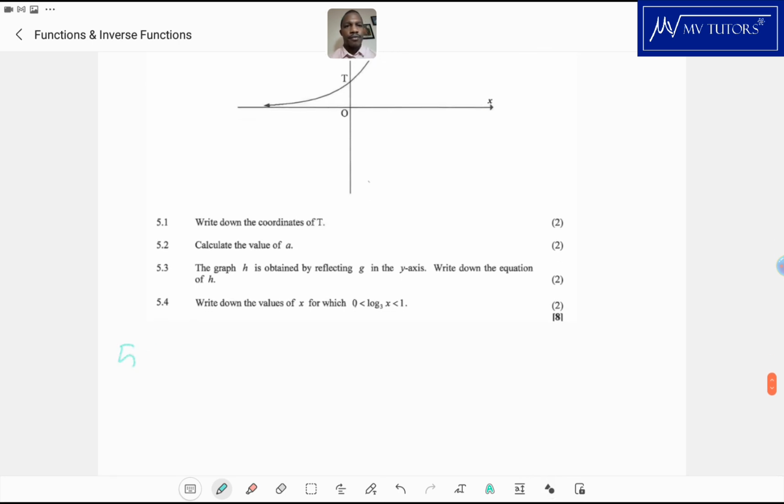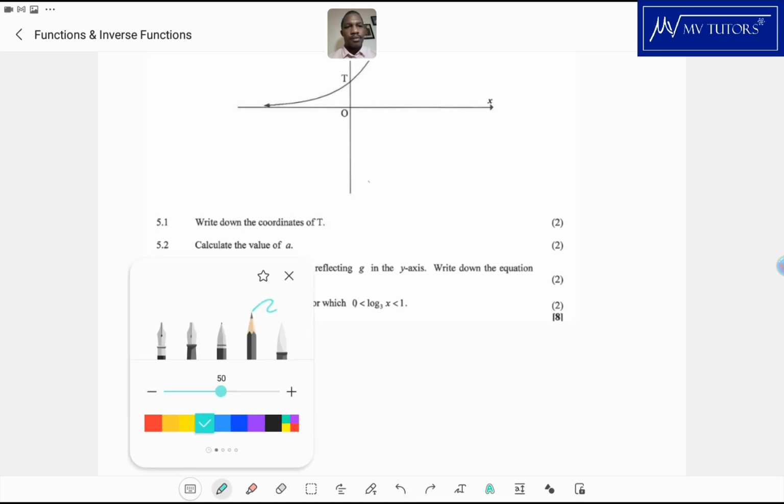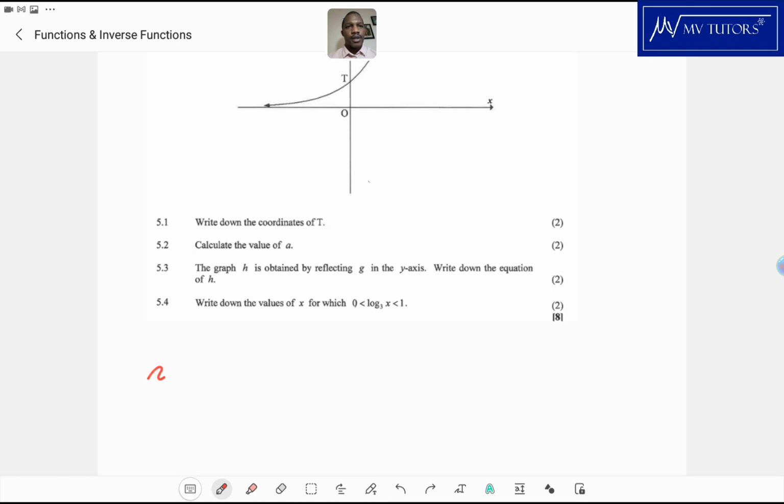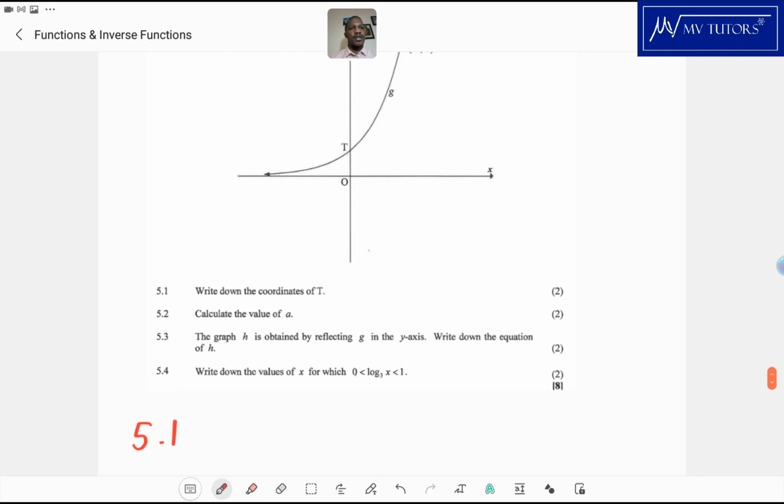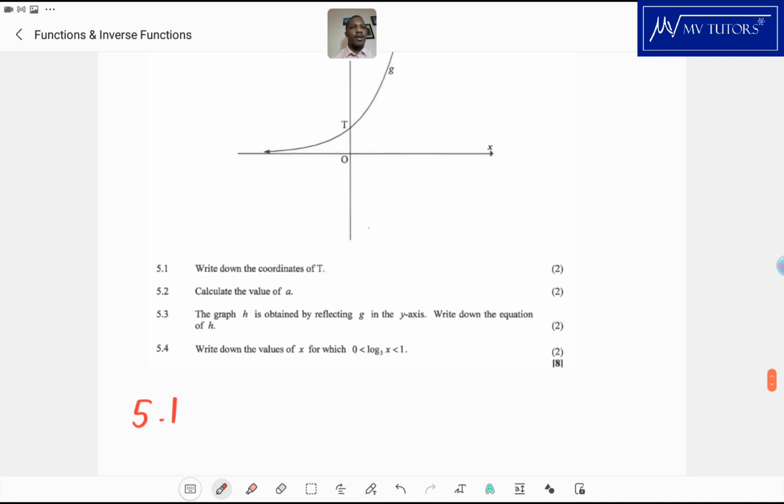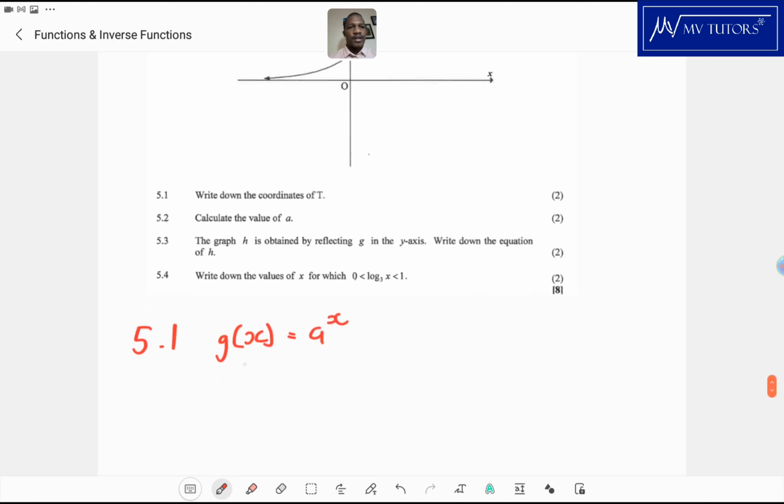Okay, so let's go back to my red pen. So 5.1, the coordinates of T. Where is T? We can see T is there on the graph where x is 0. So we've been told that g of x is equal to a to the x. That's like saying y is equal to a to the x.